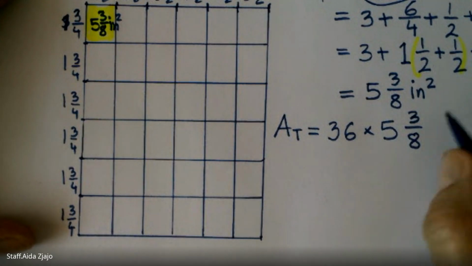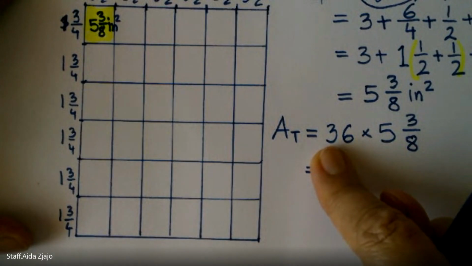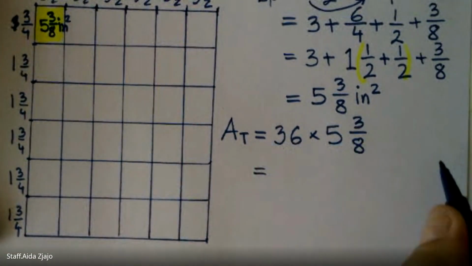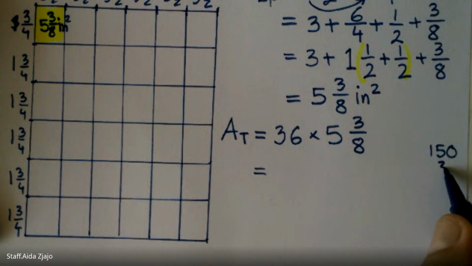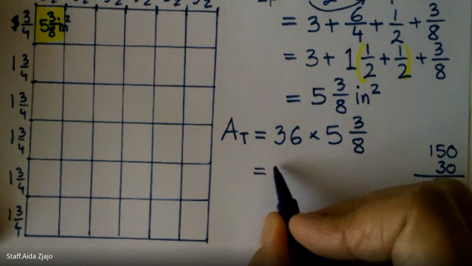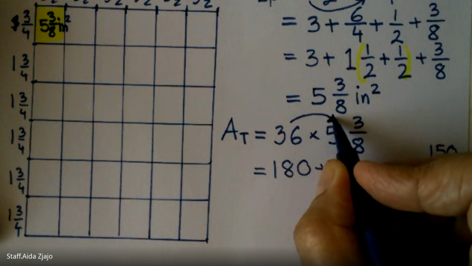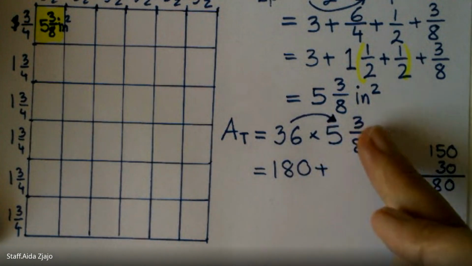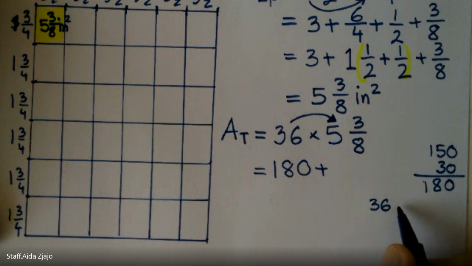Now when I do that calculation, I can think of 5 times 30 is 150, and 6 times 5 is 30. So that is 180. That's 36 times 5. And now 36 times 3/8. I can do 36 times 3 divided by 8.